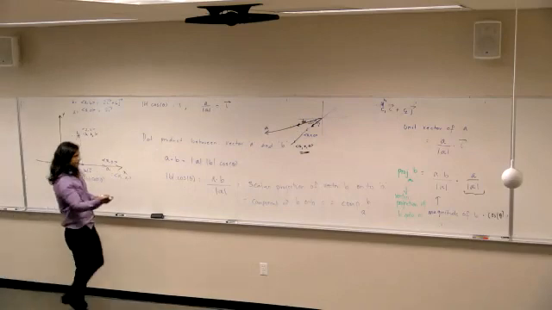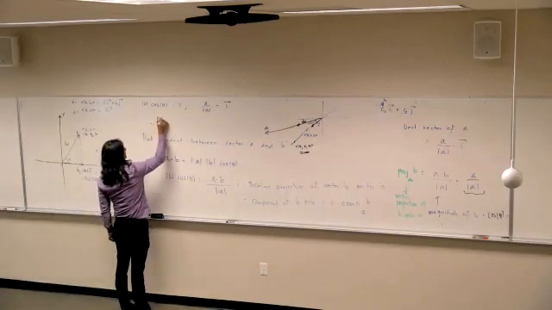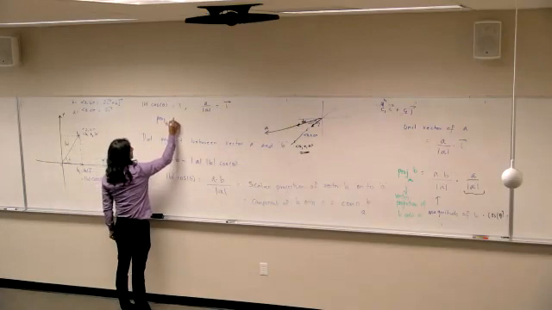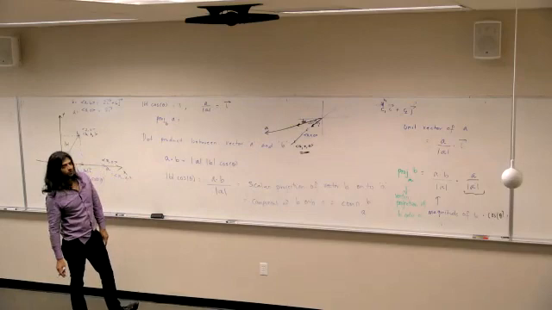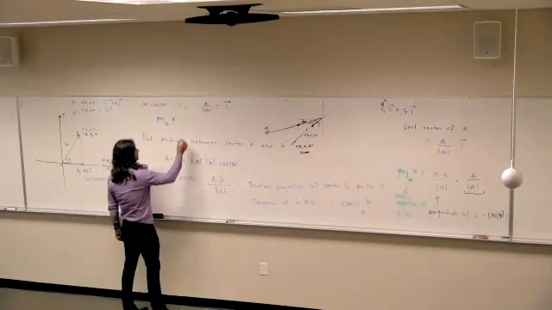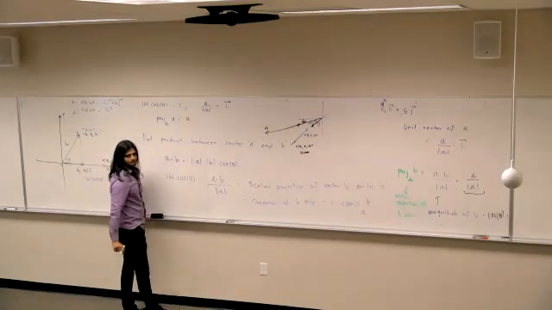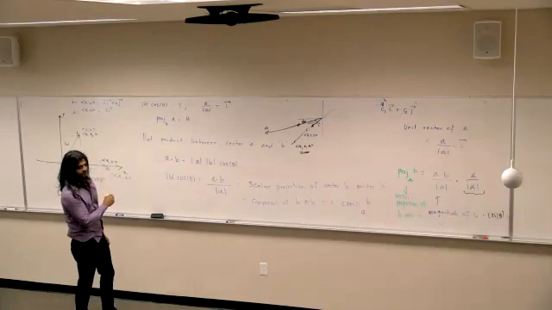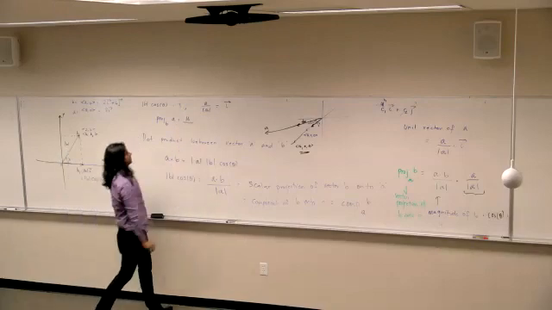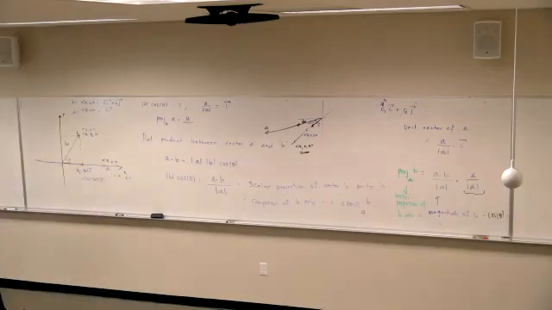Projection of B onto A is simply A dot B divided by the magnitude of A. What is A dot B? 16. What is the magnitude of A? 8.